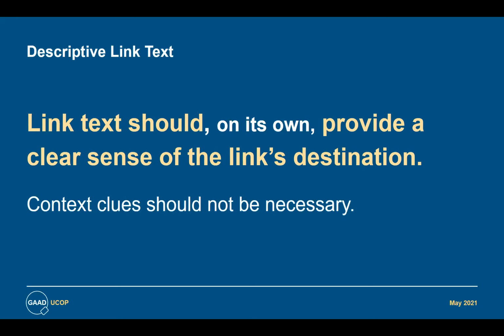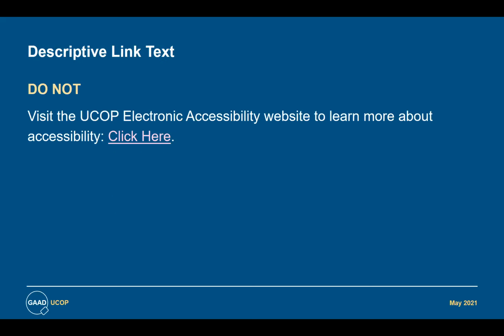Now, to give you an example of what I mean by that, also our primary example of what not to do, here's another statement. Visit the UCOP Electronic Accessibility website to learn more about accessibility. And it's followed by a link with the link text, click here. Now, with a link with the link text, click here, the only way you're going to have a sense of where that link is going to take you is by having the context of the preceding sentence.